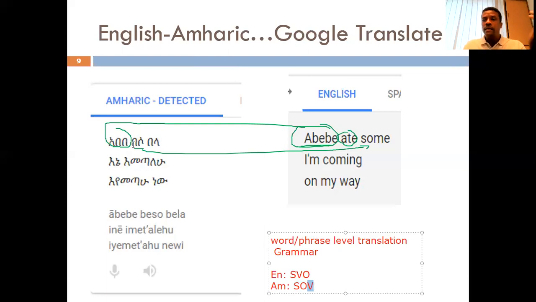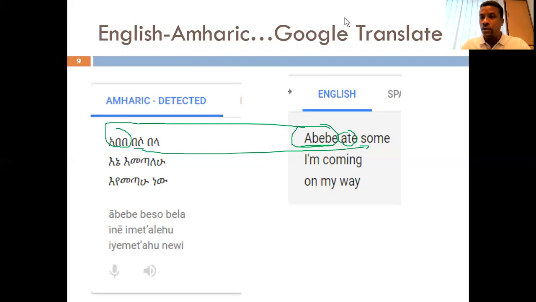But as you can see, Google Translate has switched or rearranged the order. What does it mean? It's not only concerned about word-to-word or phrase-to-phrase translation, but it is also concerned about the syntax or grammar of the language. So that's why we say that translation has to worry about knowledge of both languages.